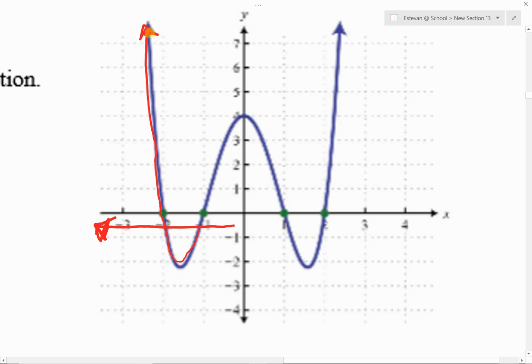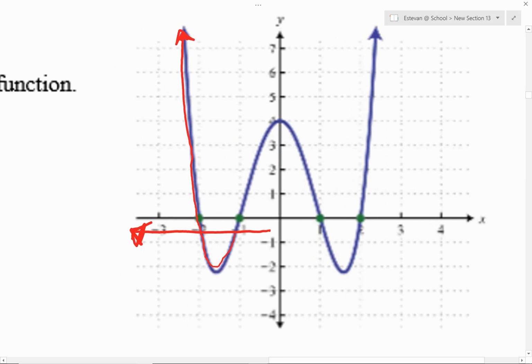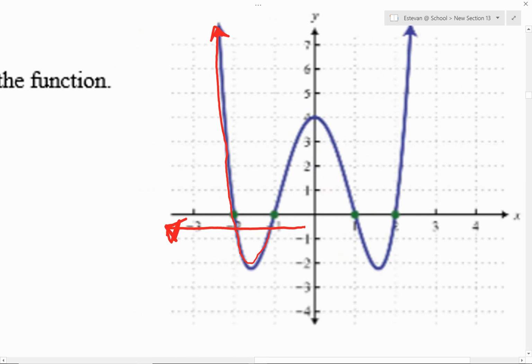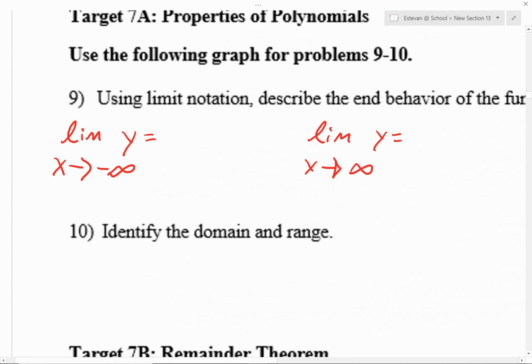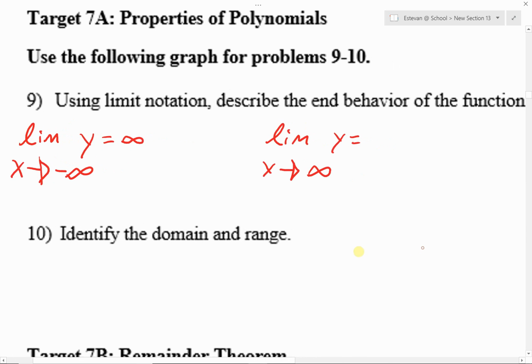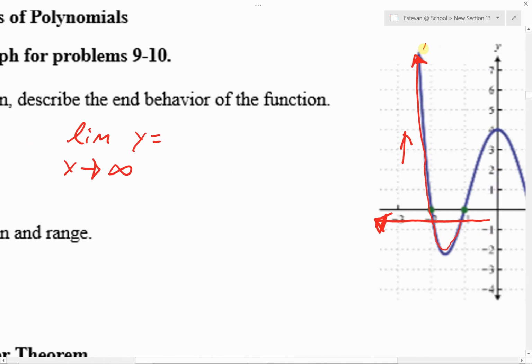Since it increases all the way up, my y values are going to positive infinity. My y values go up. So the limit as x approaches negative infinity, my y values go to positive infinity because of the arrow. Because of that arrow, that means they keep on going.